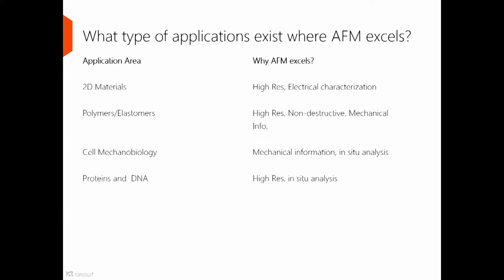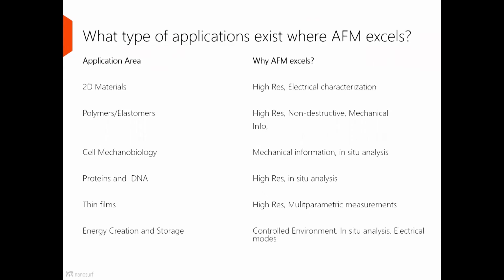We can look at biomolecules, proteins, and DNA. We can look at thin films. There's the structure, the thickness, the mechanical properties, whatever's there. We can also look at applications like energy creation and storage, where we may want to actually run experiments where the AFM is an observer to a secondary or tertiary process.